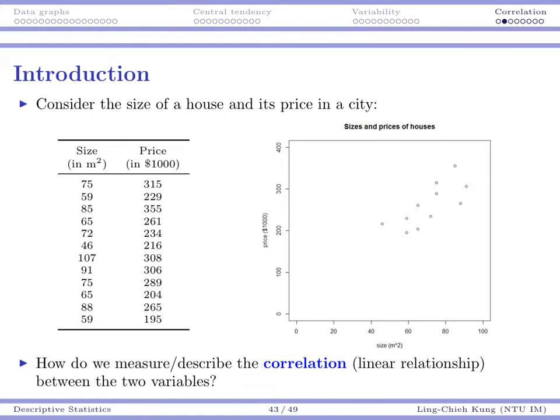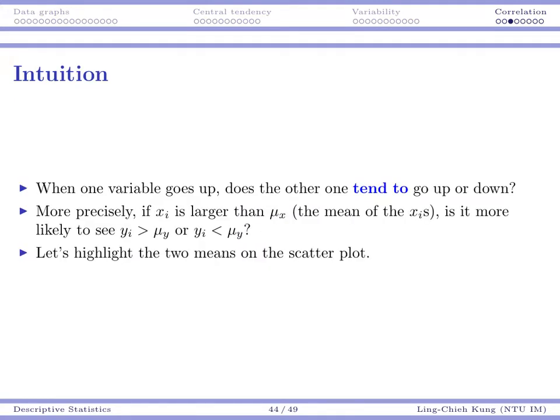Correlation is defined as linear relationship. We're going to see it. Now I'm going to introduce some measurements about correlation. The idea is the following. I want to understand when one variable goes up, for example, when size becomes larger, does the other variable tend to go up or go down?